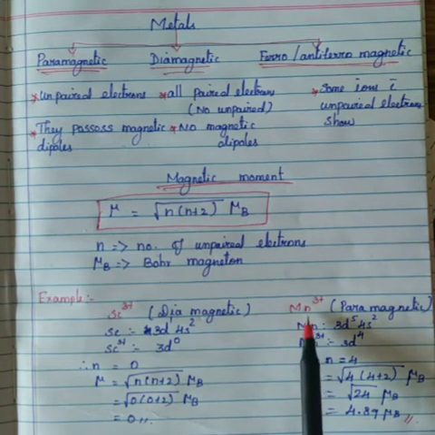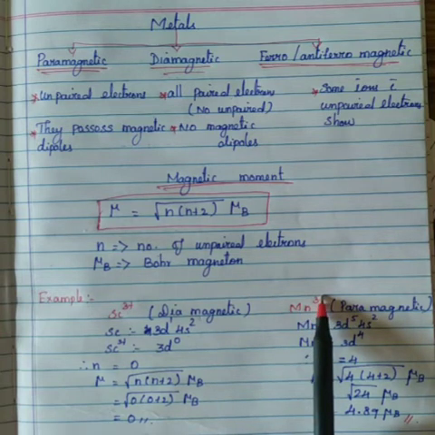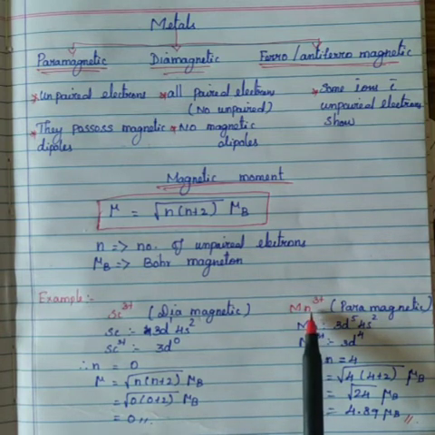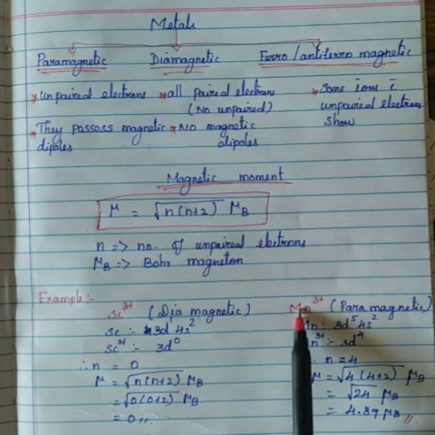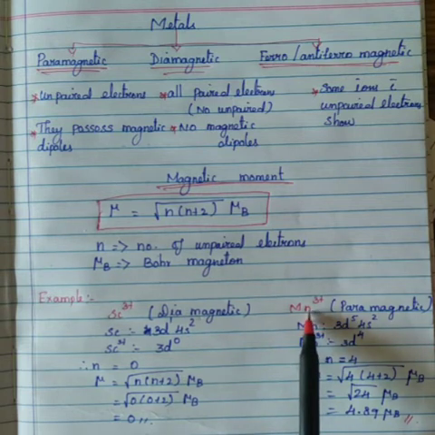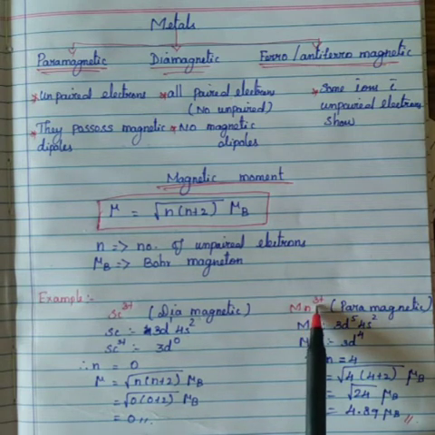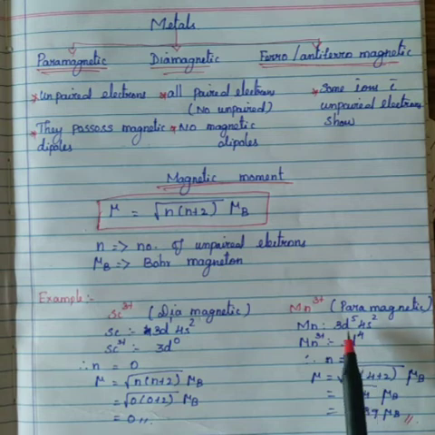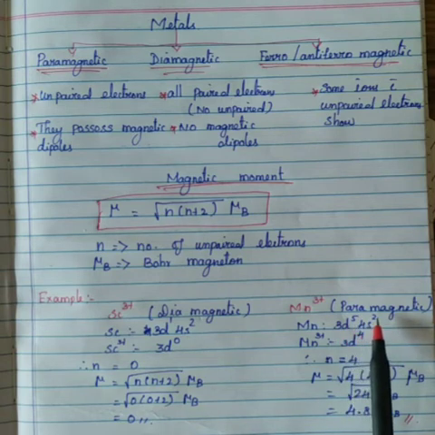Next, another example, Mn3+. Here also, first we have to know the atomic number of manganese and its outer electronic configuration. Manganese atomic number is 25. Outer electronic configuration 3d5 4s2.